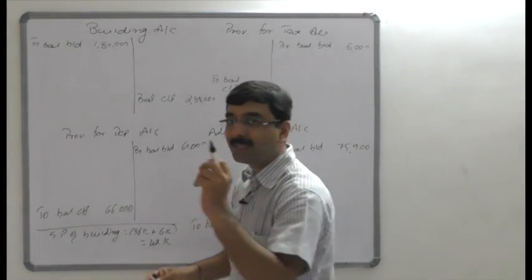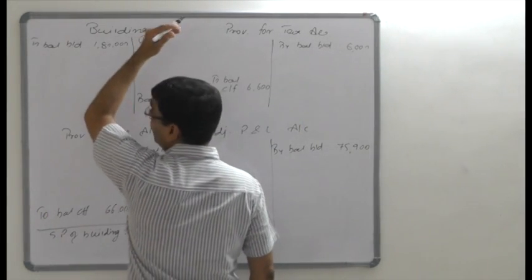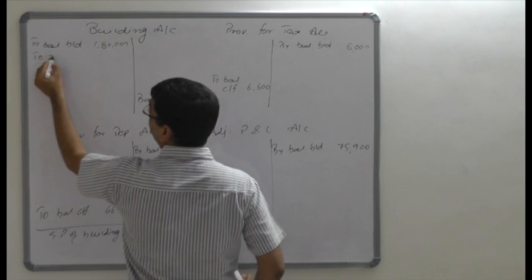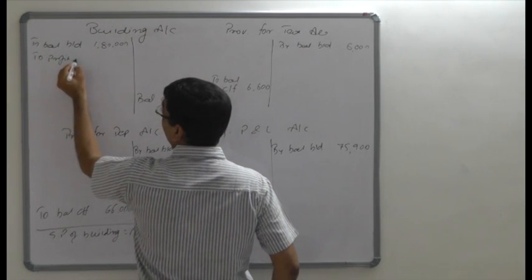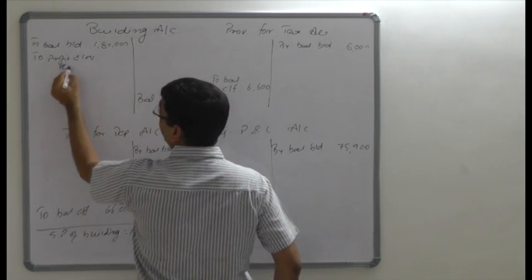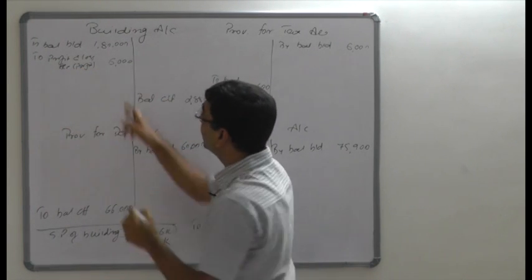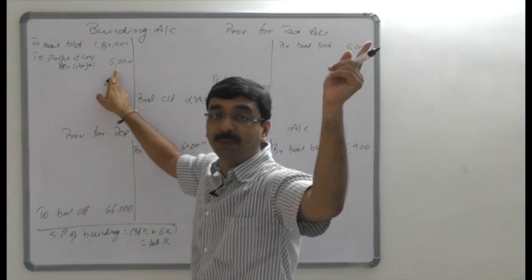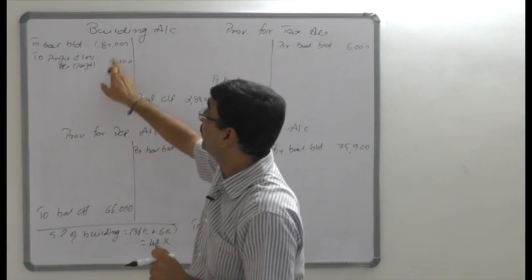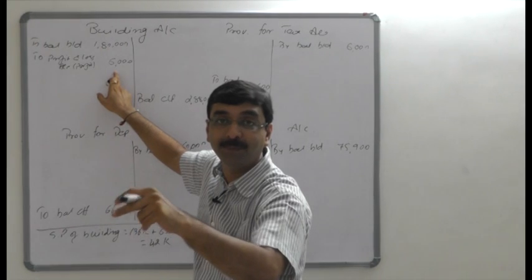Here, first we will write the profit from the P&L account. It would be transferred here, profit and loss account, in brackets profit, that is 6,000 rupees. This 6,000 rupees profit, which was already recorded on the profit and loss account credit side, would be recorded on the building account debit side, correct?